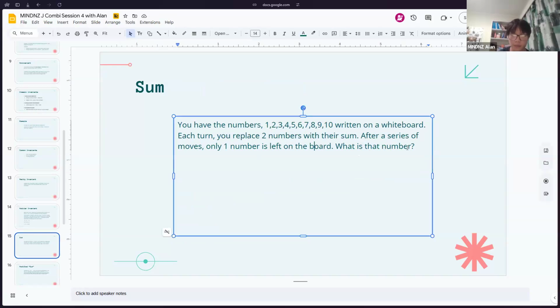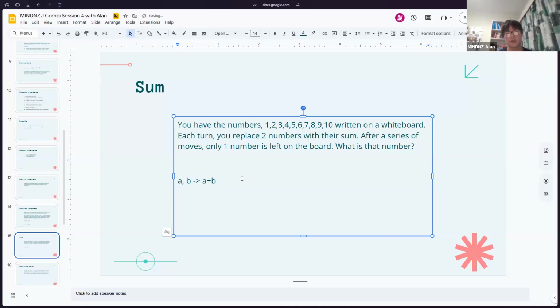So in this problem, we try to find the invariant, and the invariant is something that does not change, right? And if we replace two numbers with their sum, we take a and b, and replace them with a plus b, then what does not change? The sum does not change, right?